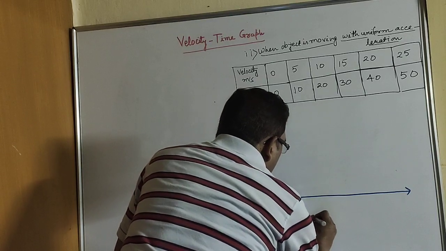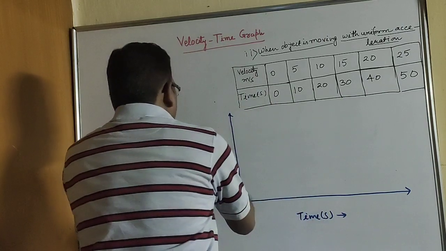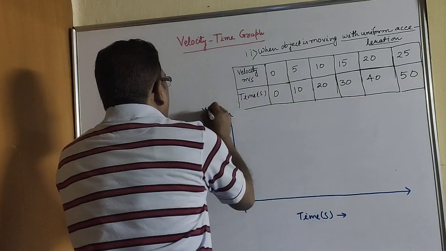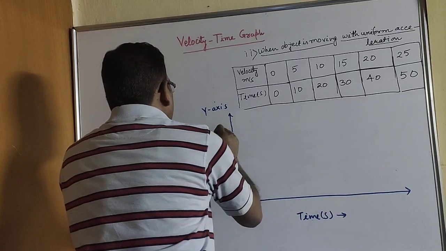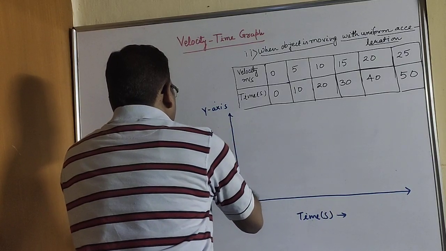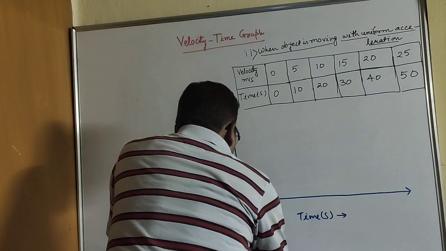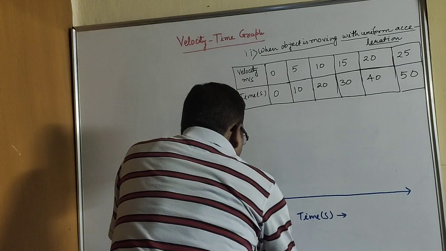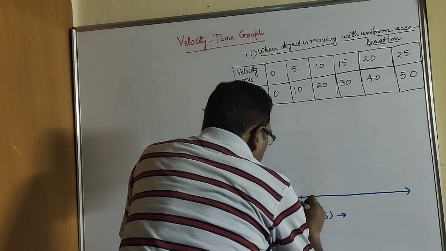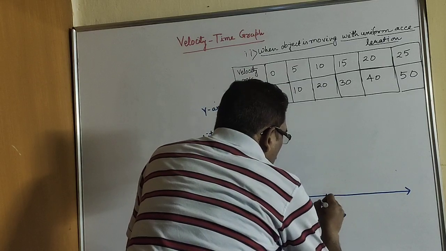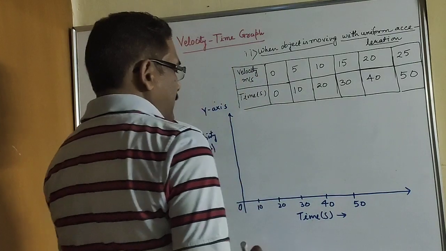We always take time on x-axis, and here on y-axis we have taken velocity in meter per second. So it will be 0, 10, 20, 30, 40, 50 like this.